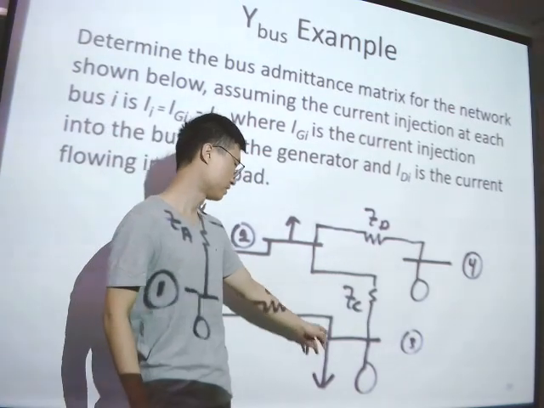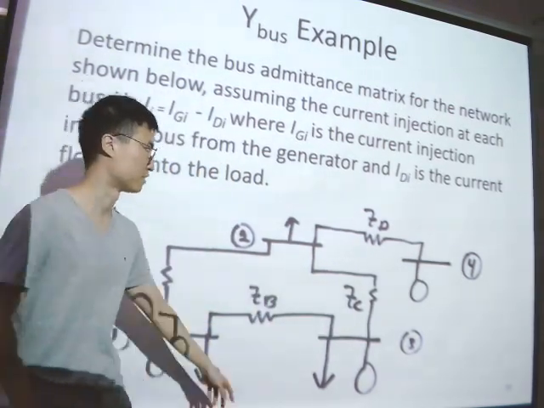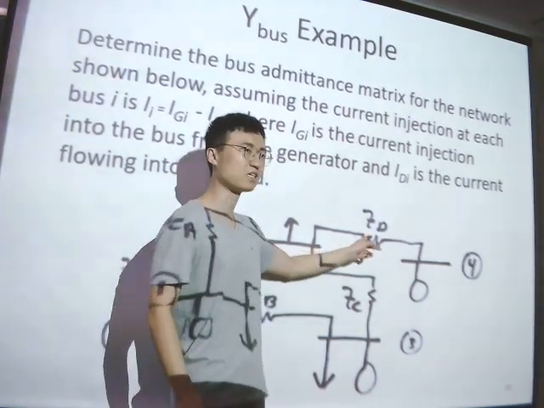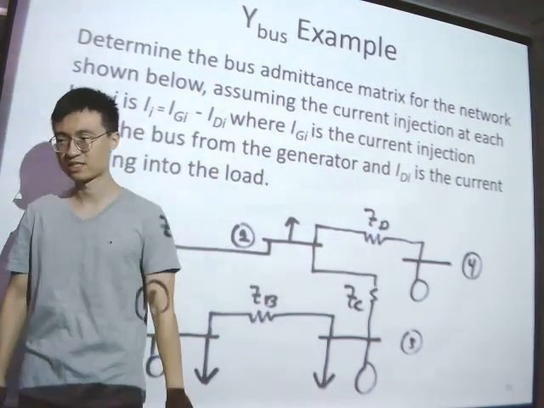For bus 3, it is C and D. And for bus 4, it is only one, YD.